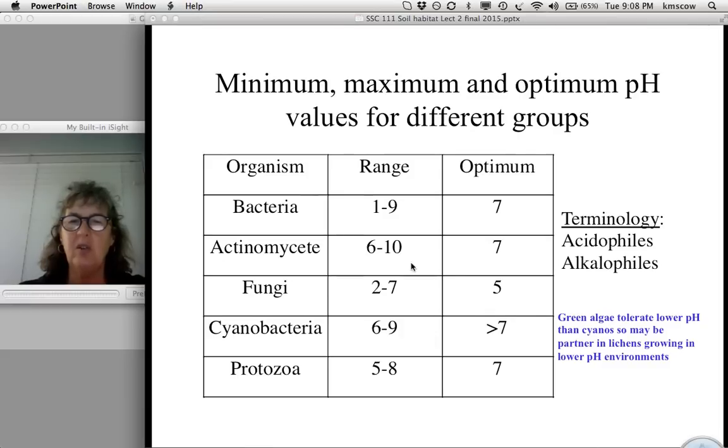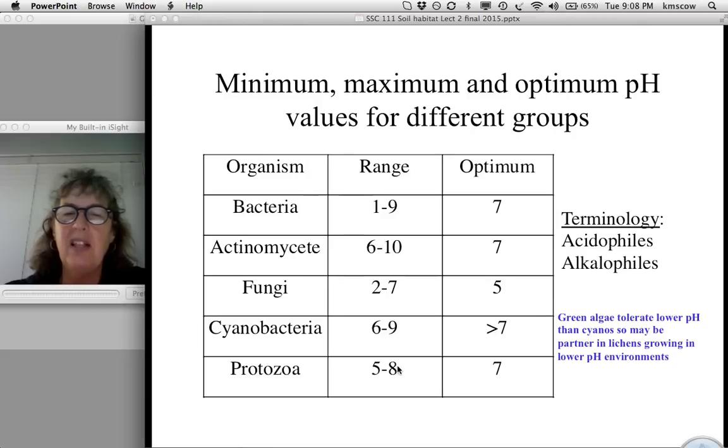Cyanobacteria also are like actinomycetes in liking higher pH. You don't see them very much under acidic conditions. And protozoa as well aren't going to go to the extremes as much. They're going to be more in this range of 5 to 8. Again, I feel a little bad putting these numbers in this table, but at least you can get an idea of some of the general patterns that you see.